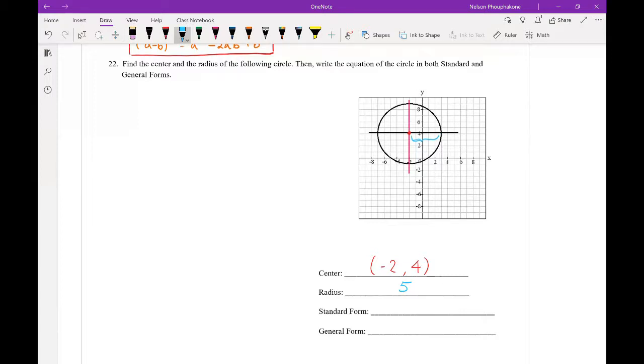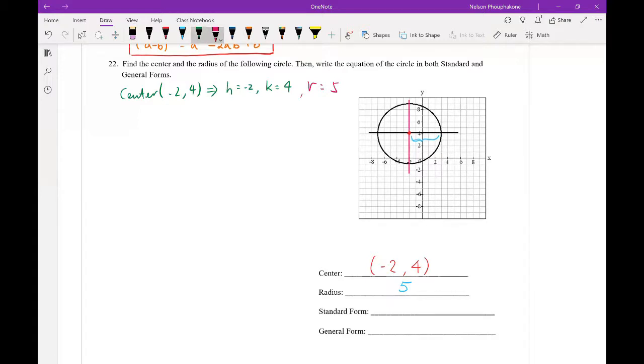From the last example, we already know how to write the circle in standard form. So we have the center is (-2, 4). Basically, it means that h is equal to -2 and k is equal to 4. And of course, now we also know that r is equal to 5, right?